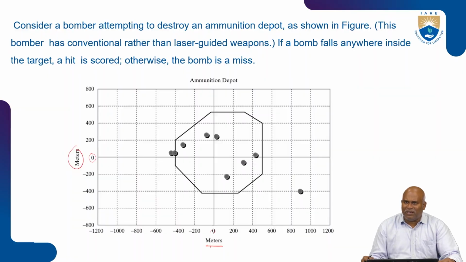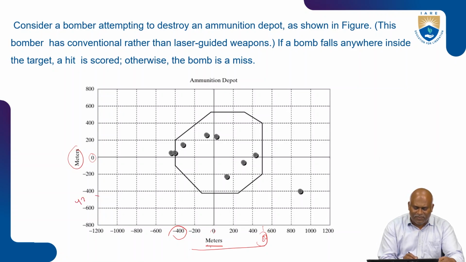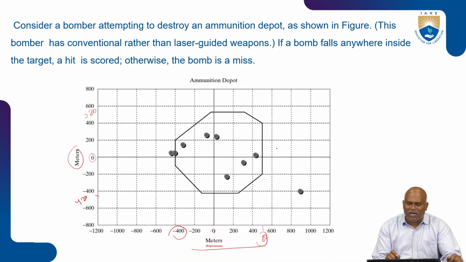If a bomb falls anywhere inside the target, a hit is scored; otherwise the bomb is a miss. Here I mark the x direction from minus 400 to 500, and the y direction from 420 to 520. In between, I mark the hitting target like this.